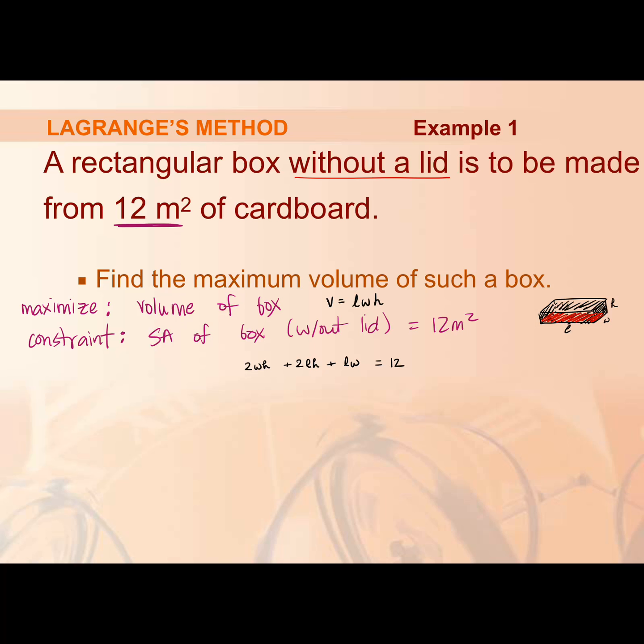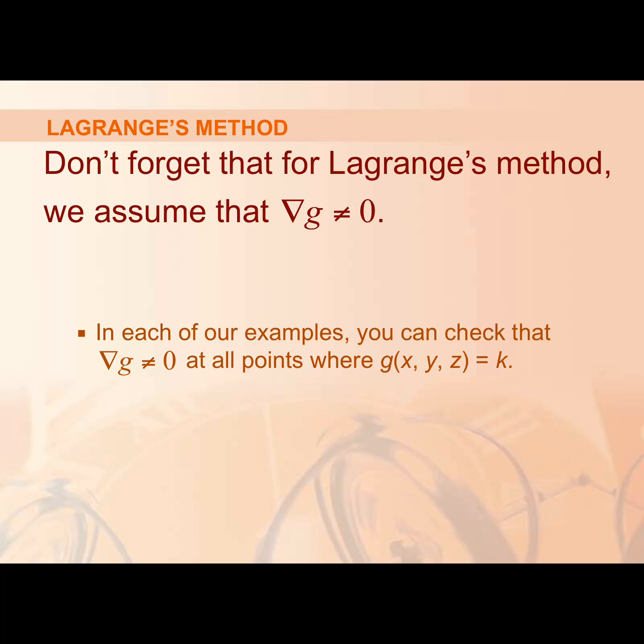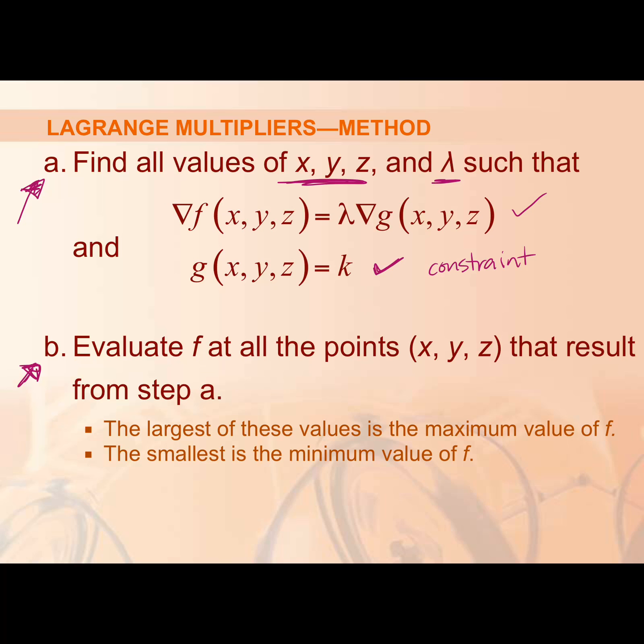Okay. So now, going back to our method, the first thing we need to do is find all values of x, y, z such that we're satisfying this and this. So here, V is going to be our f and G is going to be our surface area.